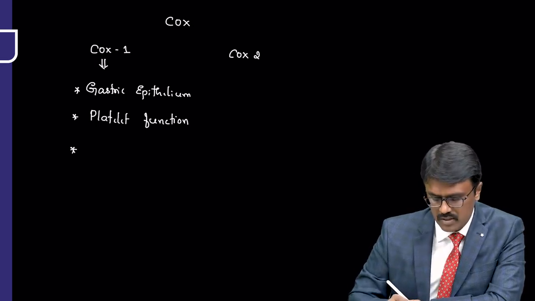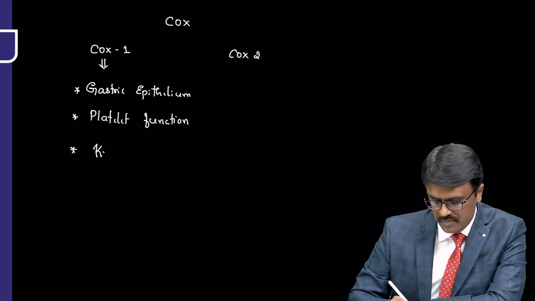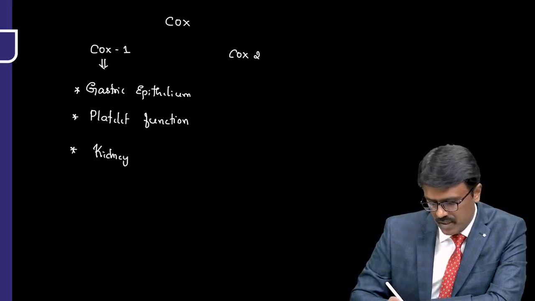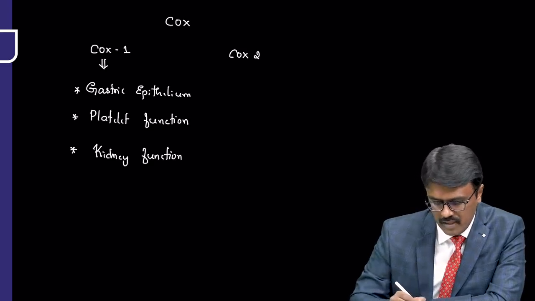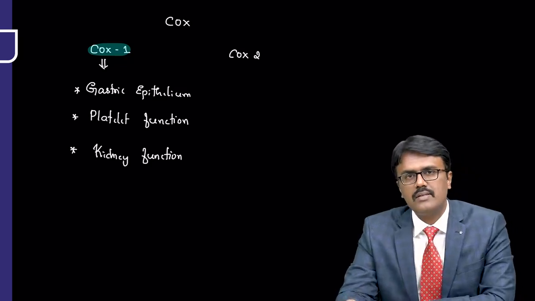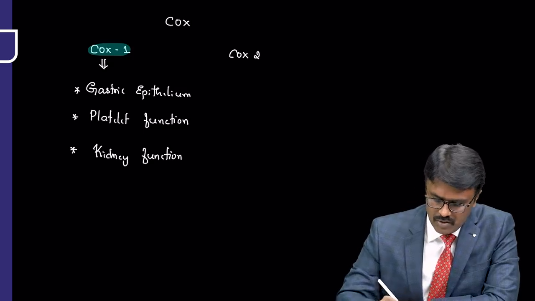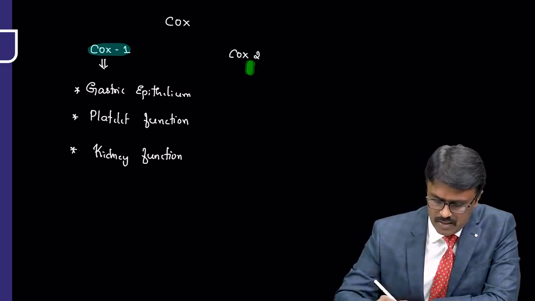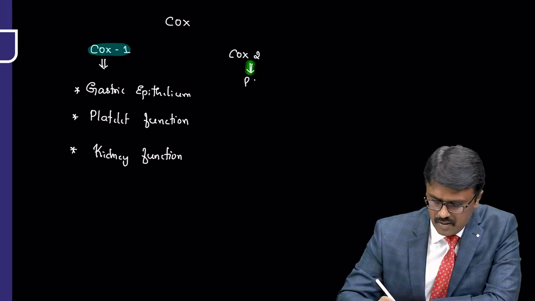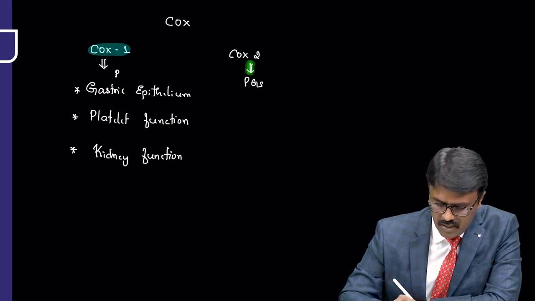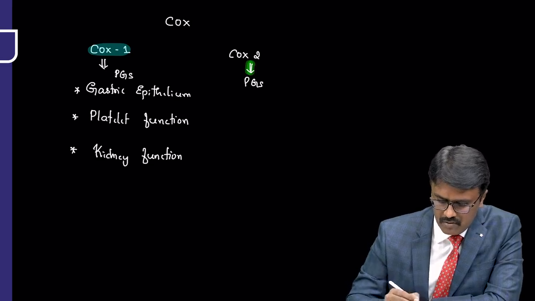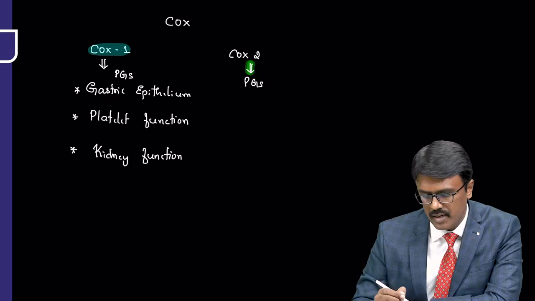And this COX-1 is also responsible for kidney function. So basically, the activity of COX-1 is good for us. What about COX-2? COX-1 also produces certain prostaglandins, but these prostaglandins will be helpful for gastric, platelet, and kidney.